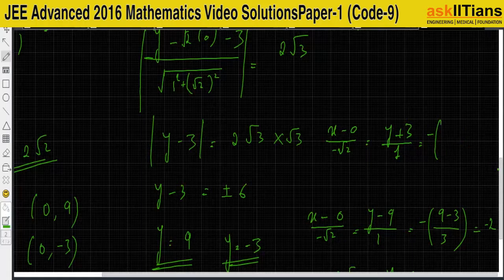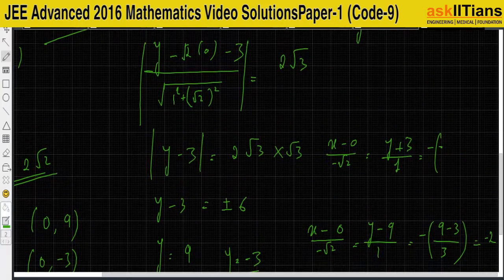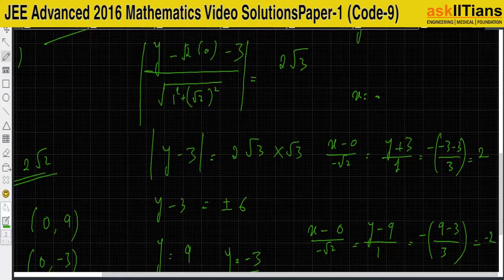If I put the point, x is 0, so y is minus 3. So minus 3 divided by 3, that's minus 6 divided by 3, so this will be 2. So x will come out to be minus 2 root 2, and y will come out to be minus 1.